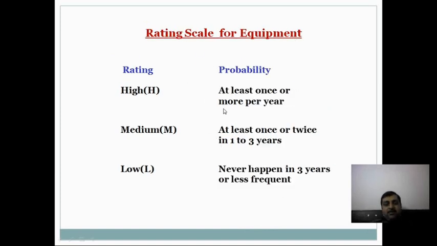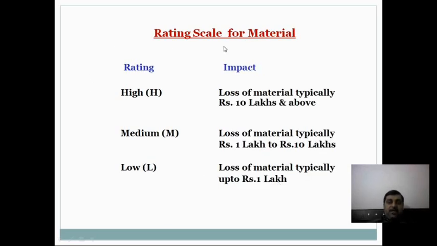For probability, if it is happening once a year or more, then it is high. Once in 3 years, it's medium, and very less frequent is low. Same way we have it for material. If there is a loss of material, complete damage, or ruin of material which costs more than 10 lakh, it is high impact.